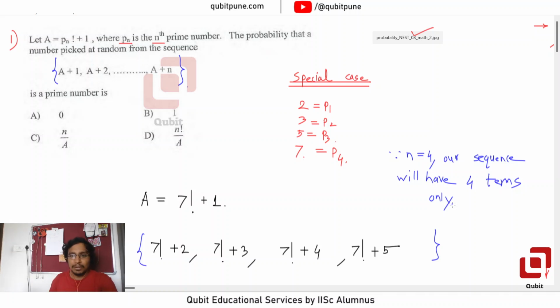Got it? Our sequence will have 4 terms only. Now tell me, is 7 factorial plus 2 a prime number? It's not. How to prove that?